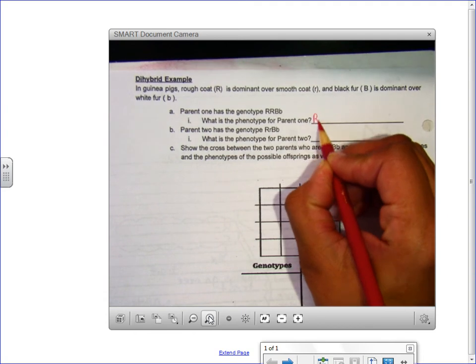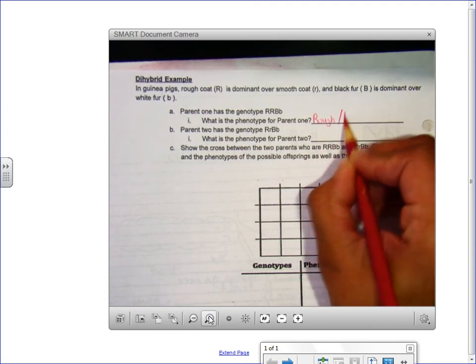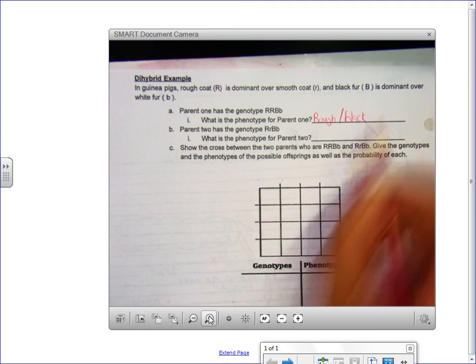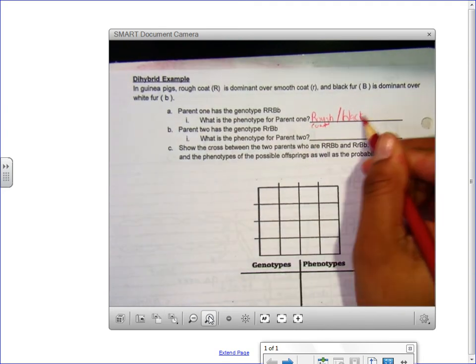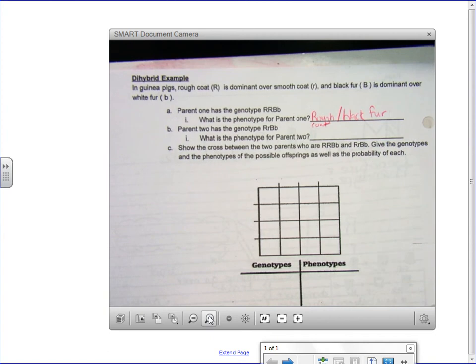So this is the rough coat, black fur. Okay? Parent 2 has a genotype, dominant R, recessive R, dominant B, recessive B.